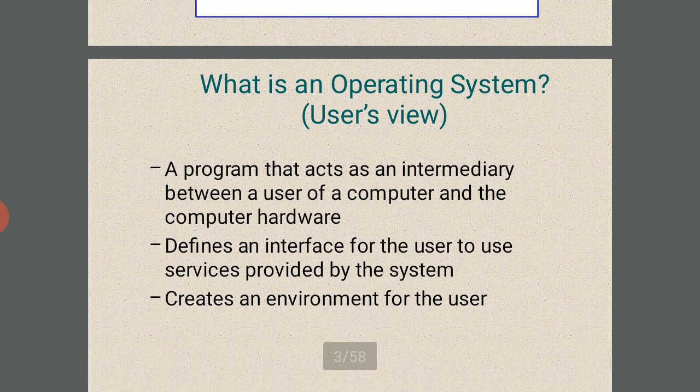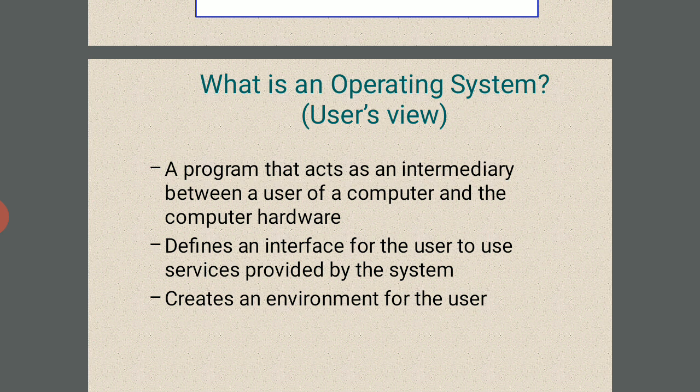So what is an operating system, from the user's view? A program that acts as an intermediary between the user of a computer and the computer hardware, and defines an interface for the user to use the services provided by the system, creating an environment for the user.